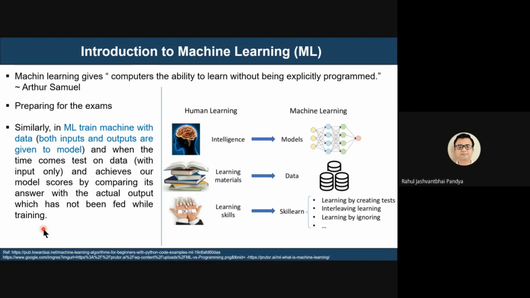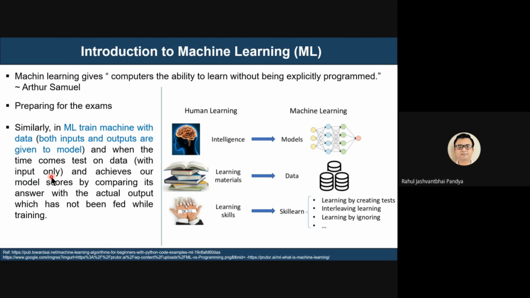Similarly, in a machine learning model, we train the machine with data such as inputs and outputs. Both of them are given to the model, and when the time comes during the test on the data, we give only inputs. Such as, when the exam comes, we give only questions.